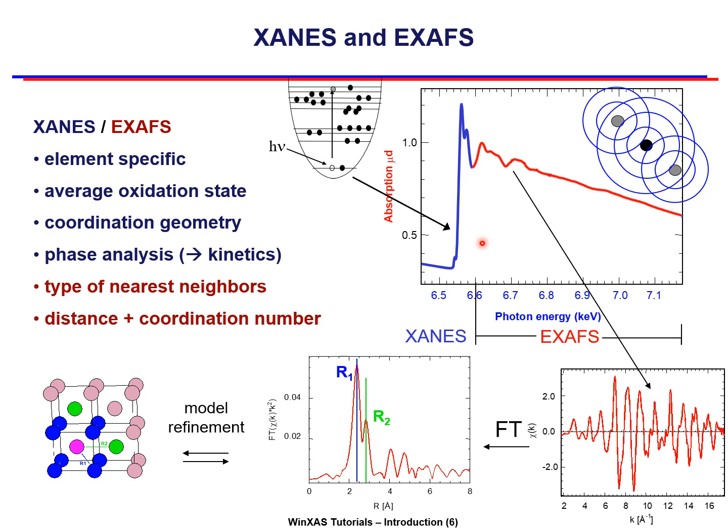You should already know the basic data reduction and data analysis steps necessary to extract the structural parameters that you are most interested in. Eventually, I assume that from the following WinXAS tutorials, you merely want to learn how to use the WinXAS software to perform the analysis of your own experimental XAS spectra.